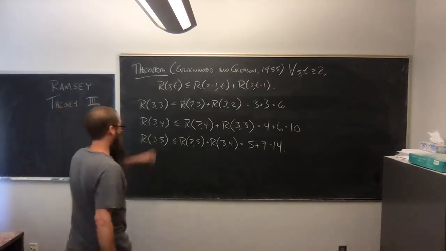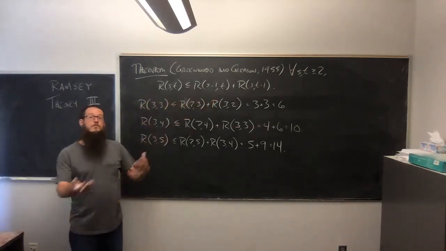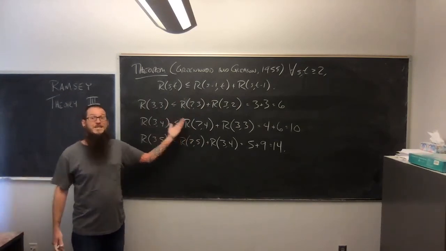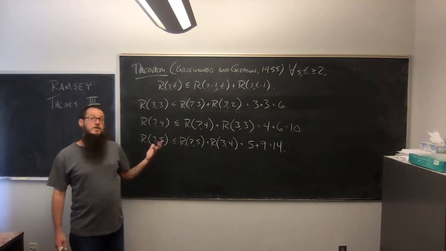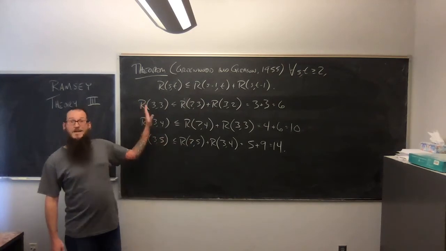Basically, the fact that R of 2, 2 exists, you can argue that R of 3, 2 exists, then 3, 4, and you can run through all possible numbers to show that there is an upper bound for every Ramsey number. So as a corollary to this, you could state that all Ramsey numbers exist. All these classical ones exist.